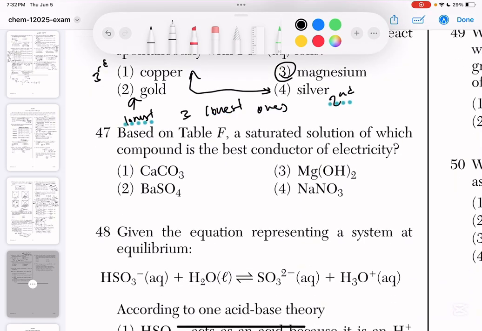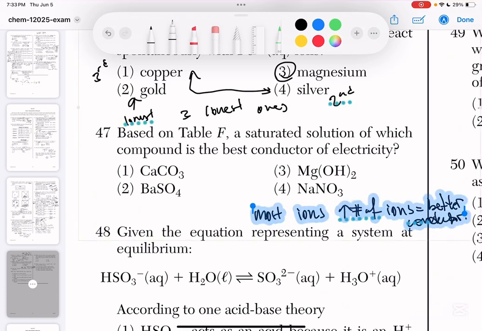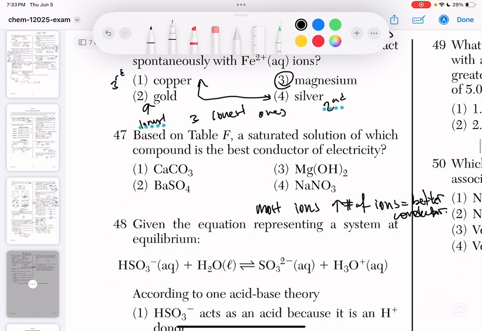Based on table F, saturated solution, best conductor. Okay, so we want to see which one dissociates into the most number of ions. Most ions, because more ions means a better conductor. But before we get there, this is not very soluble.